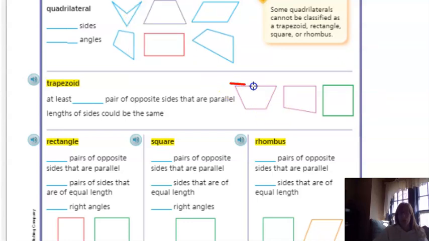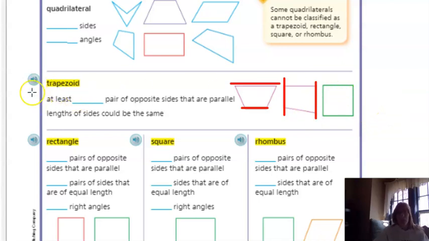So you'll notice right here and right here, those are the parallel lines, and it has one set of parallel lines. Then if you go here and you go here, it has one set of parallel lines.